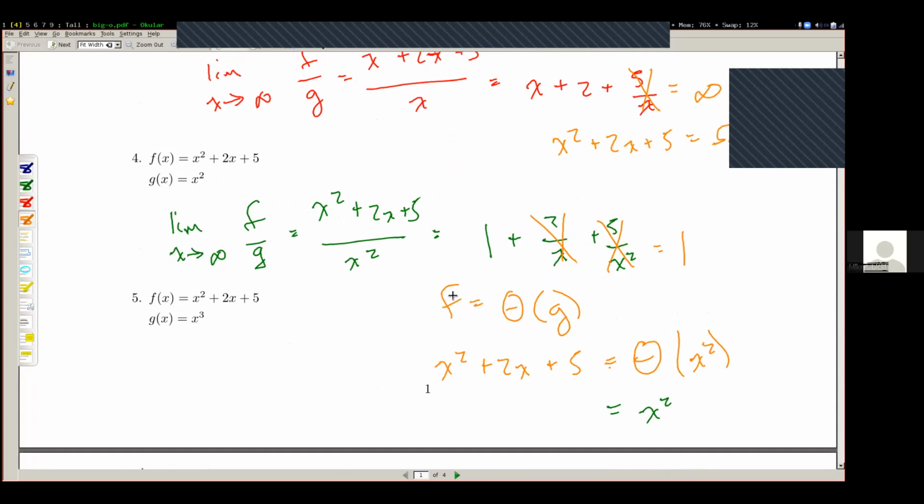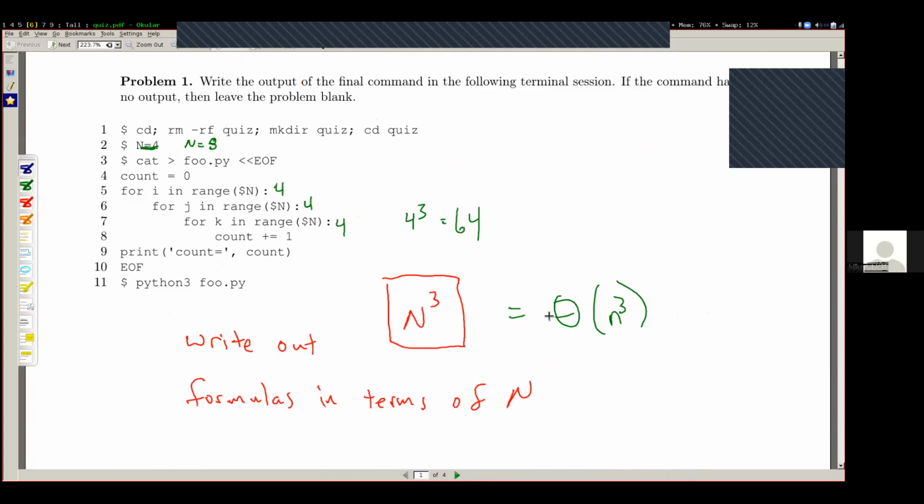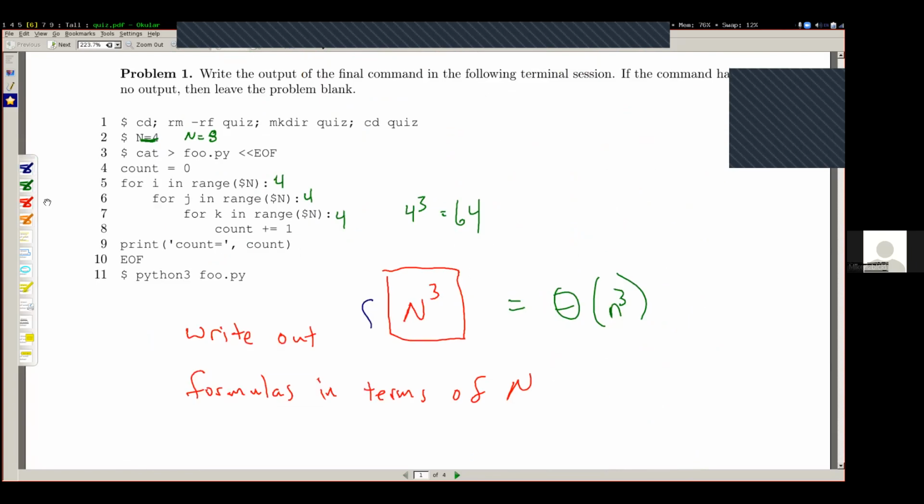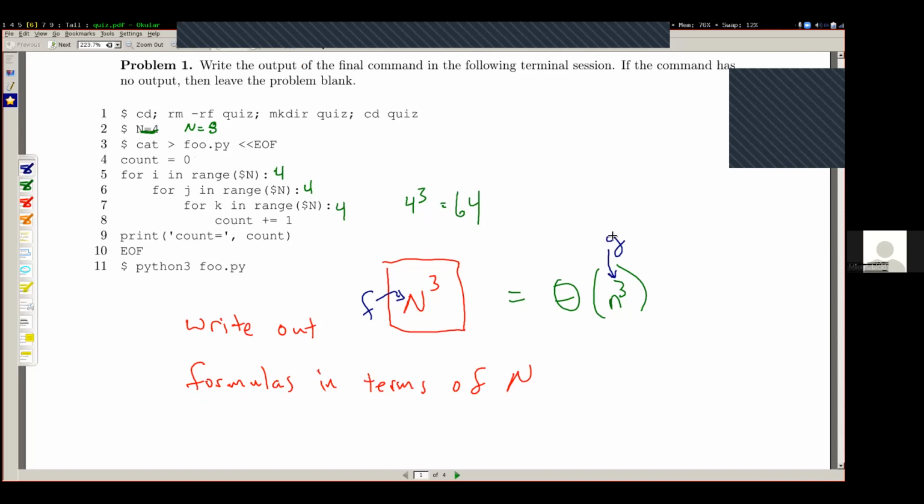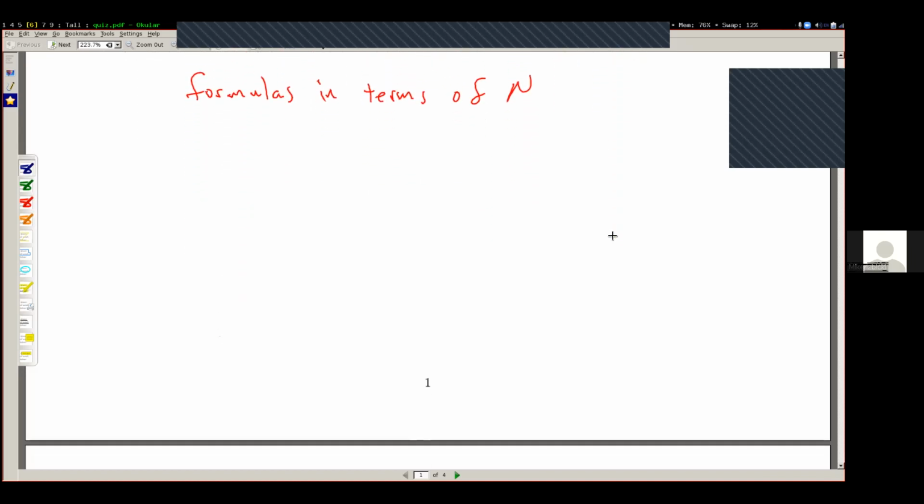So the thing to the left of the equals is always the F, and the thing that's inside the parentheses over here is always the G. Coming back over here, this is the F right here, and the G is that. And in this case, they're both the same thing. Coming down to problem 2.